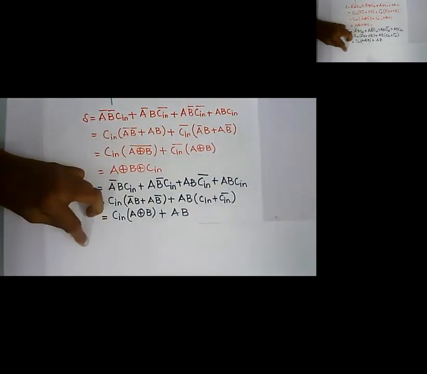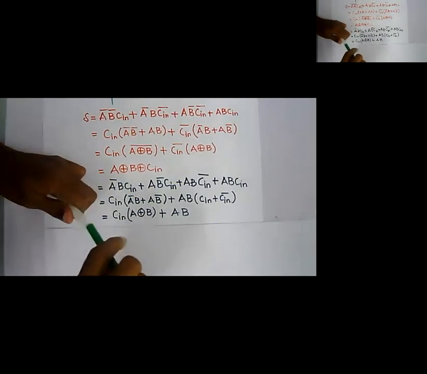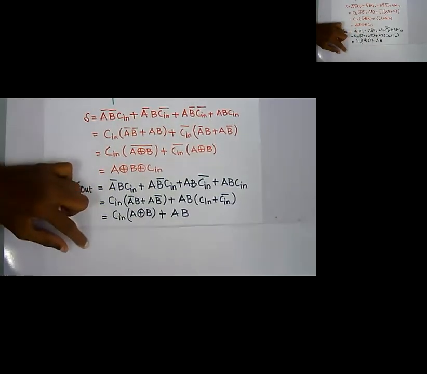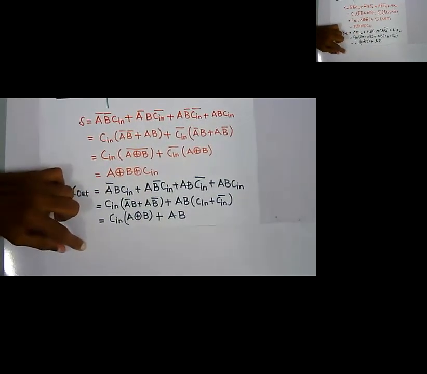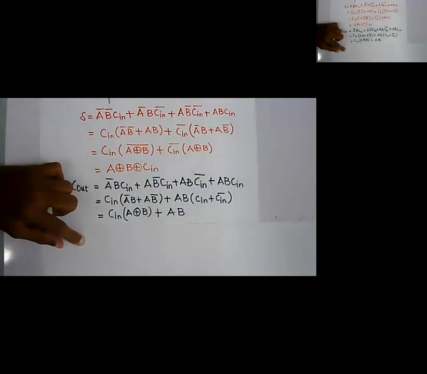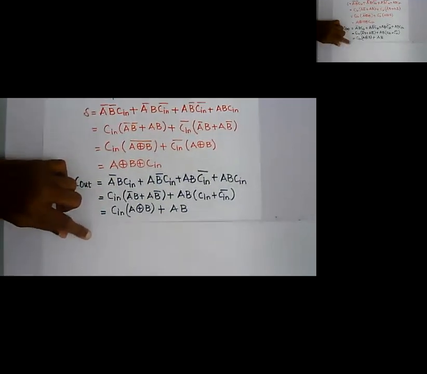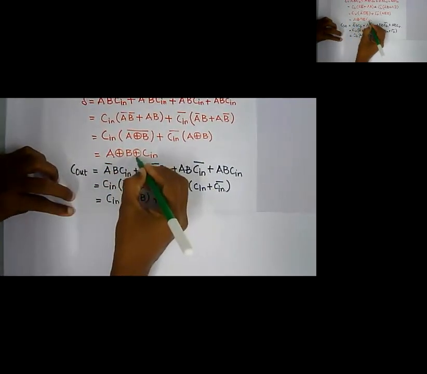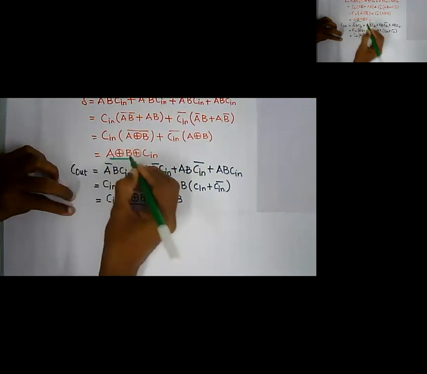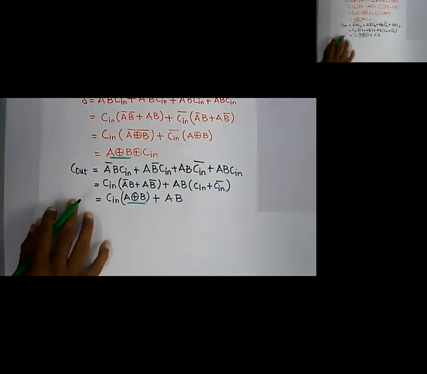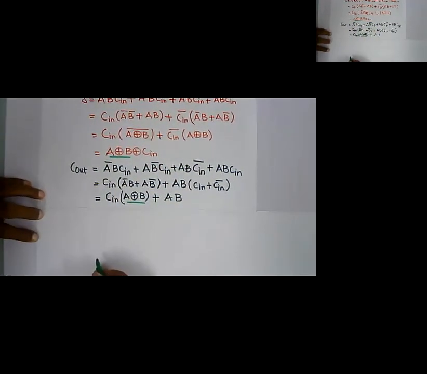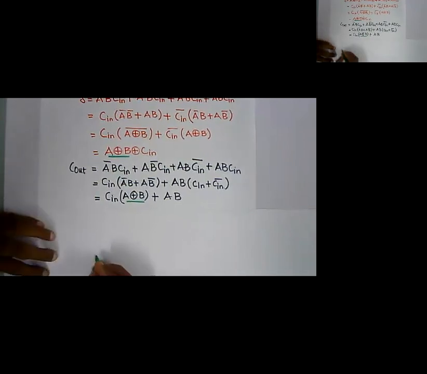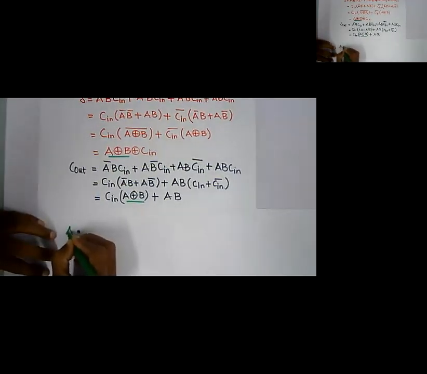Next slide. Now we need to draw the circuit diagram. First, look here. Sum is A XOR B XOR C in. Let this be my A, B, and C in.